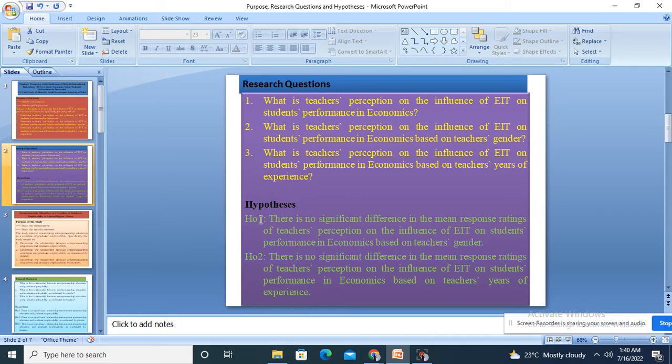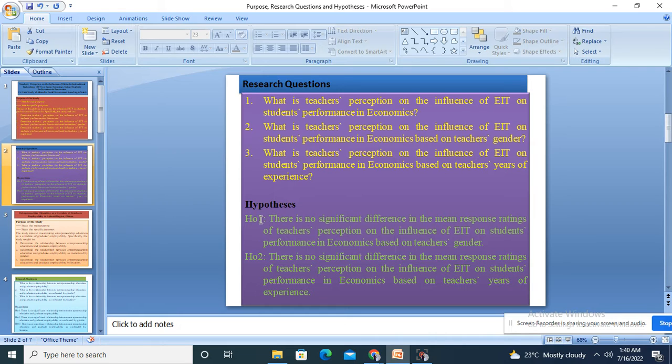While in our hypothesis, we will still have the mean and standard deviation, but this will be t-test simply because we have gender, which has two categories, male and female. So these two categories will make us use the t-test, but when we get to method of data analysis, we will be explaining better.